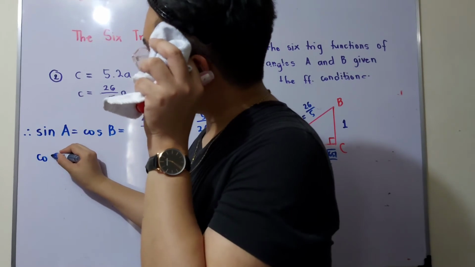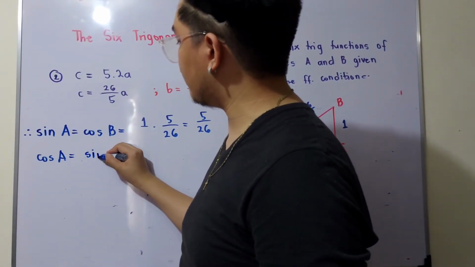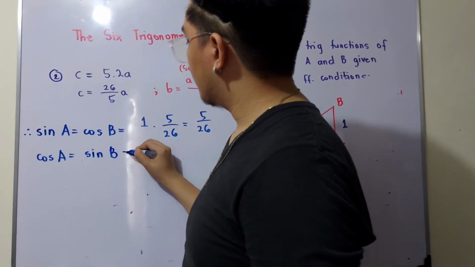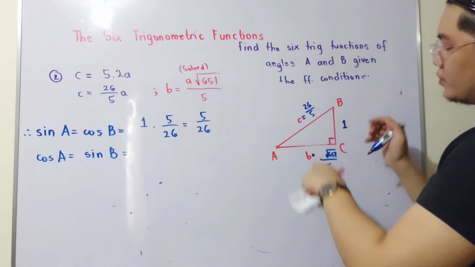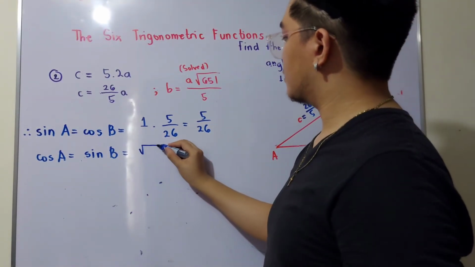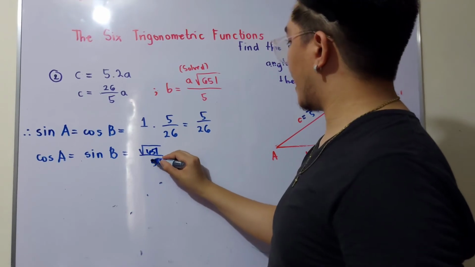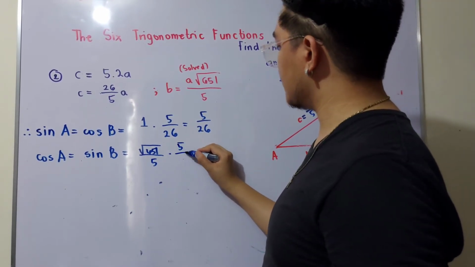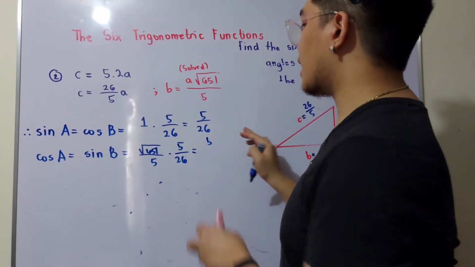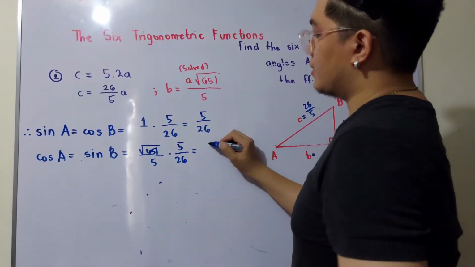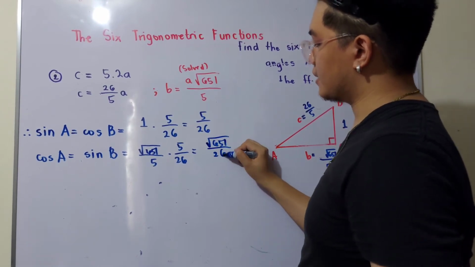So, si cosine A, ito naman ay equal sa sine B. So, cosine A, adjacent over hypotenuse. So, square root of 651 over 5 times 5 over 26. Okay, we have here 5, mag-cancel na pala yun. So, square root of 651 over 26.